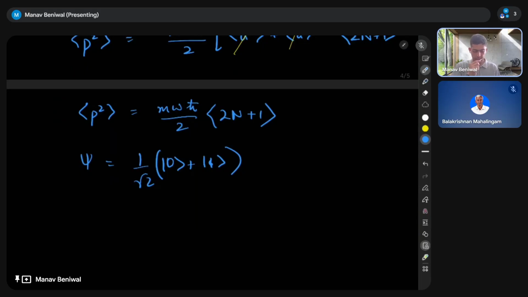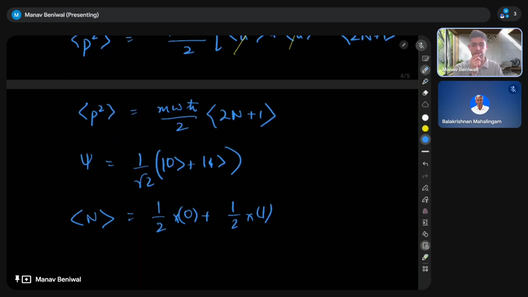Then the expectation value of the number operator n will be simply 1 by 2 into 0 plus 1 by 2 into 1, right?